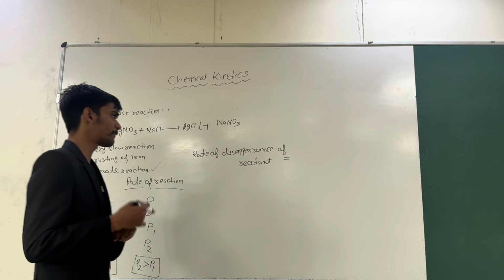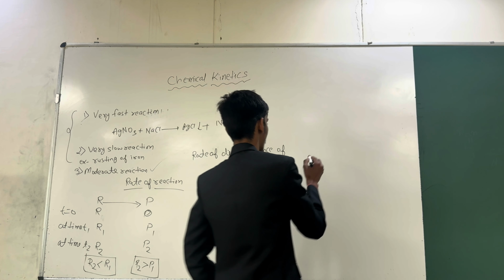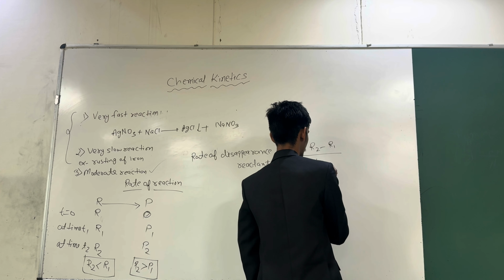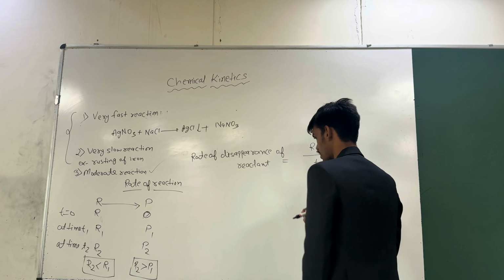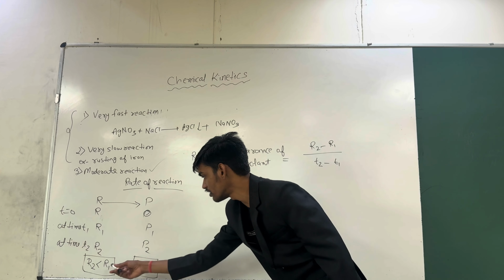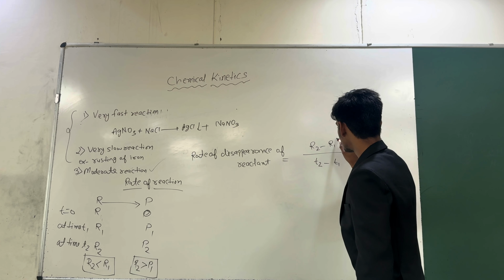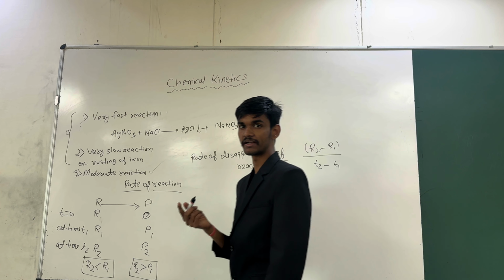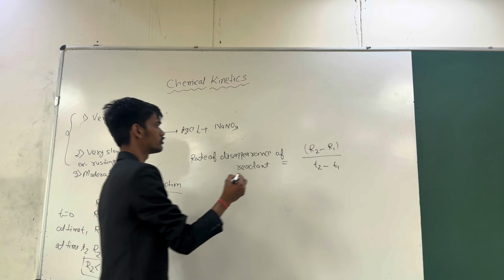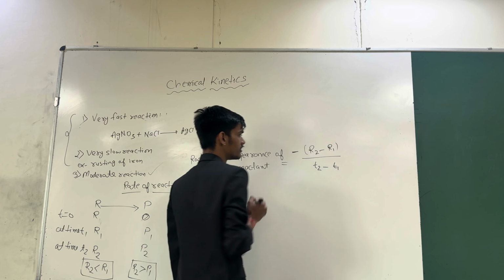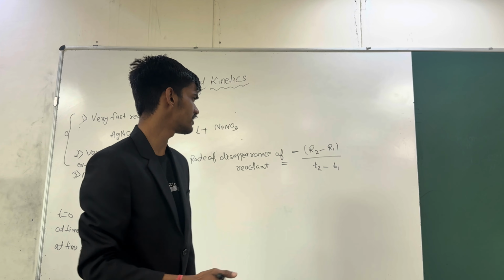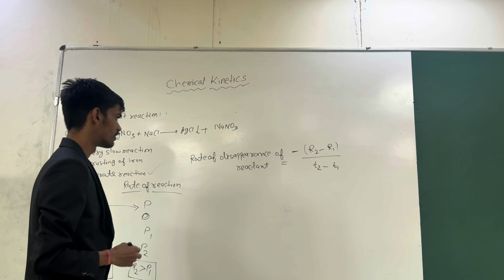So the rate of disappearance of reactant will be R2 minus R1 upon t2 minus t1. As we know, R2 is lesser than R1, so this will be a negative quantity and rate cannot be negative. That's why we use a negative sign here.